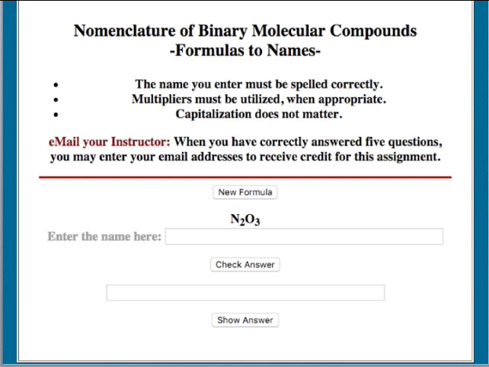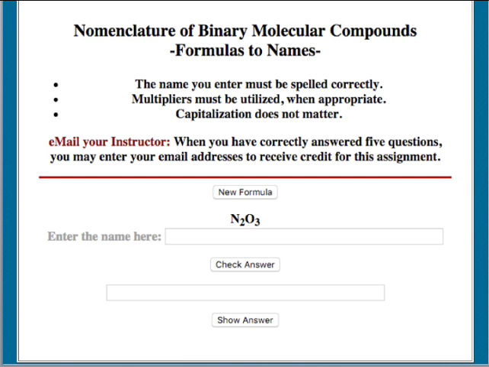This is formula to name for molecular compounds. What you do here is you are given a formula, and you simply type the name in. Capitalization doesn't matter, but you have to spell it. Remember, if you need a multiplier, make sure you put it in.